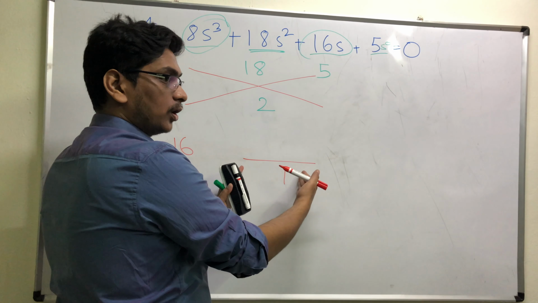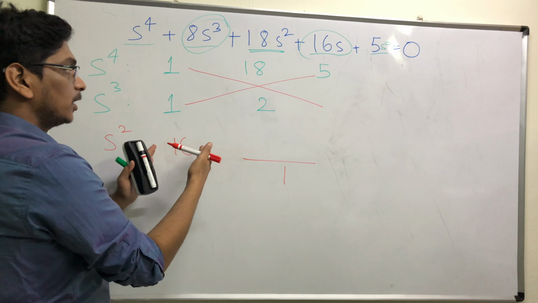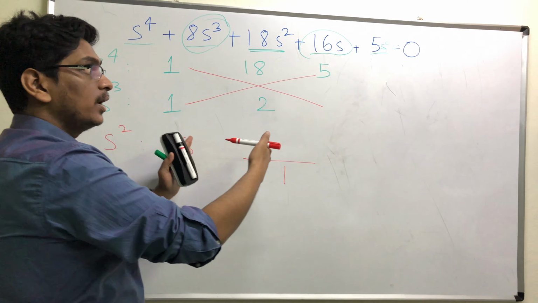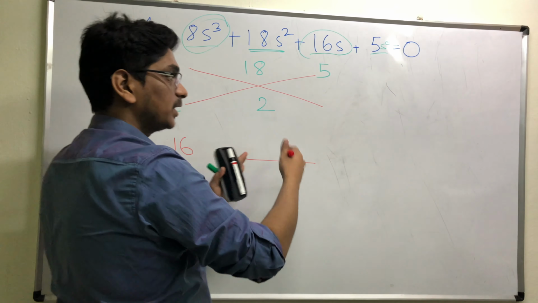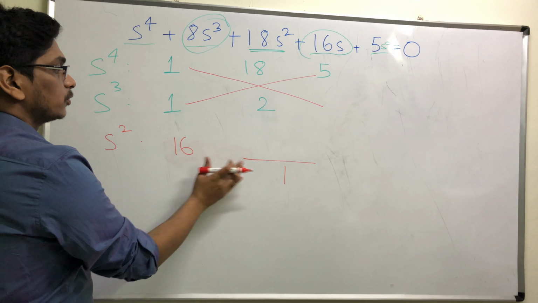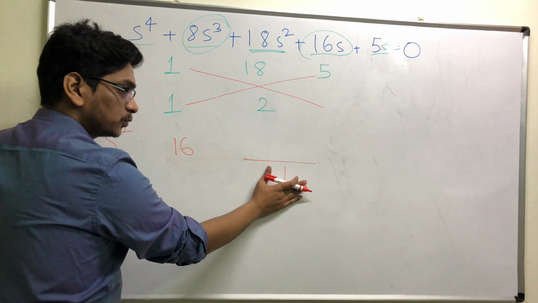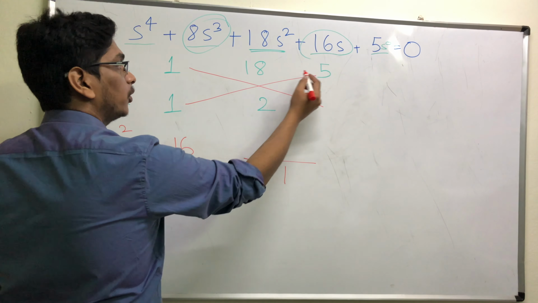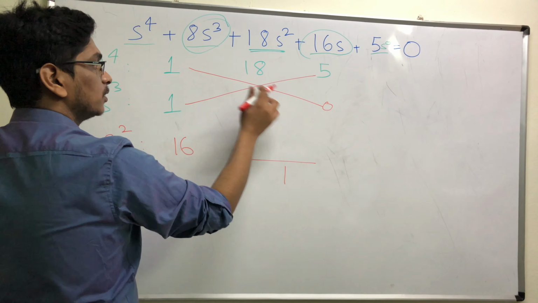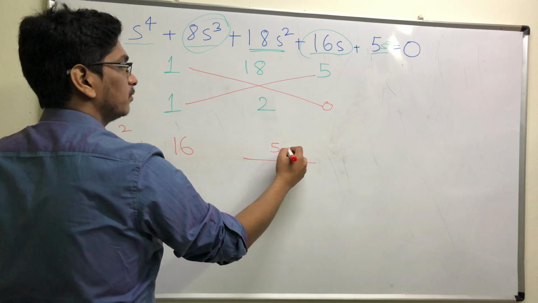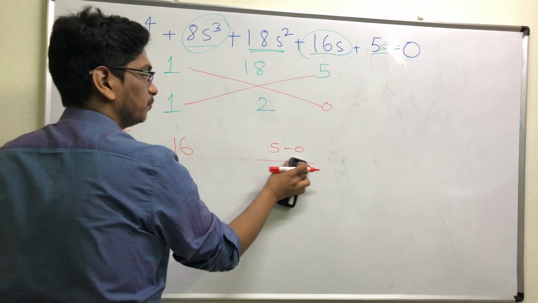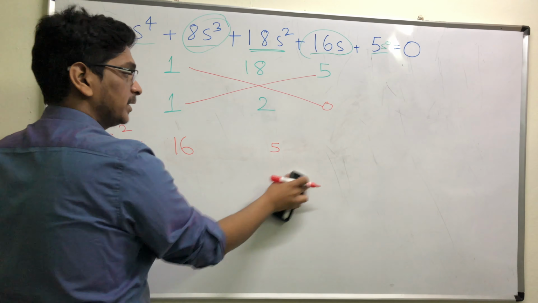To find column 2, you take column 1 of the previous row and column 3 of the next one. So to obtain this one, I take the product of 1 and 5 minus 1 and 0. That would be 5 minus 0, which is 5. Make sense?